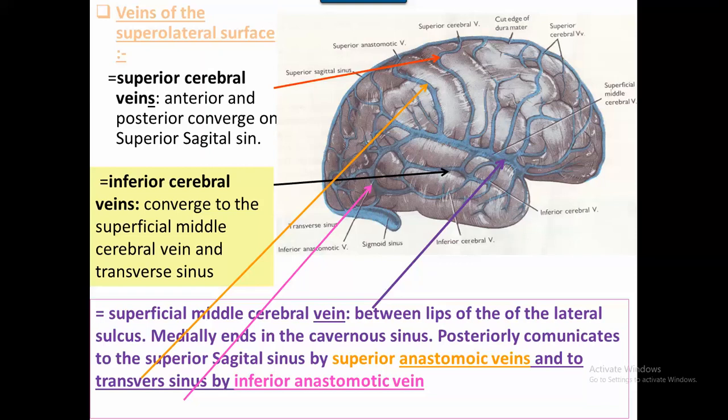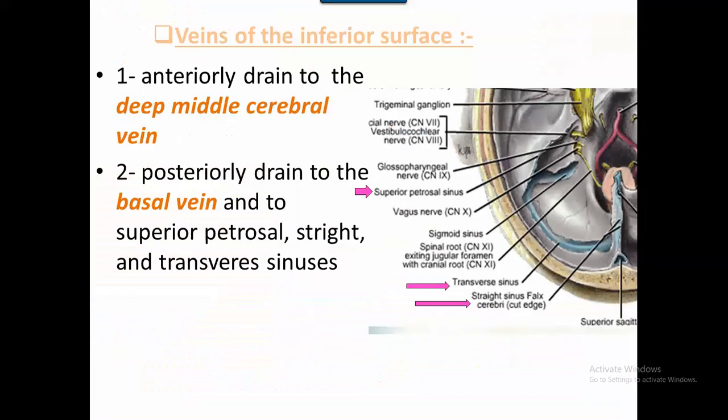Again, the main veins are the superior sagittal sinus, the inferior sagittal sinus, not clear here in this diagram, the superficial middle cerebral sinus and deep cerebral sinus, and the superior anastomosing vein and inferior anastomosing vein. These are the veins that are distributed on the surface of the hemisphere.